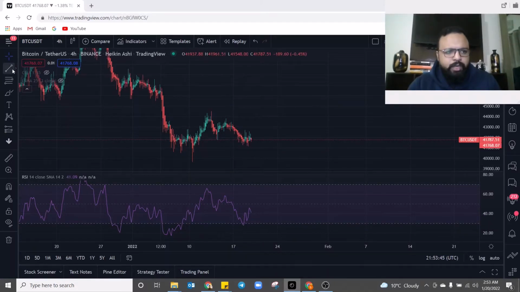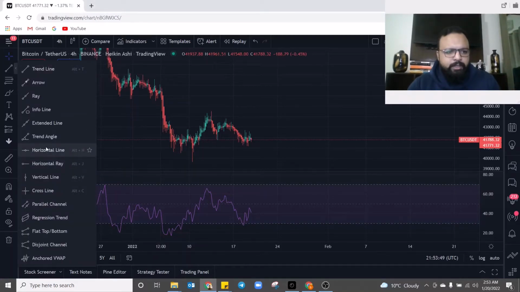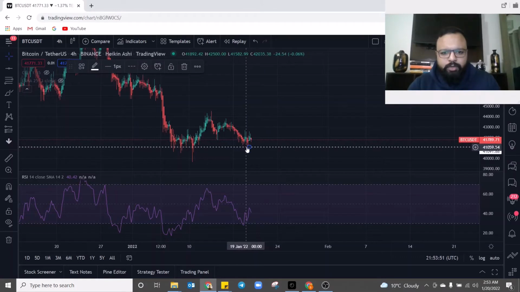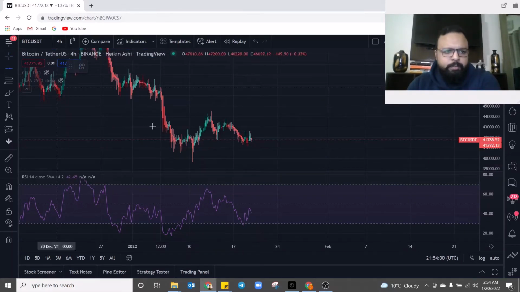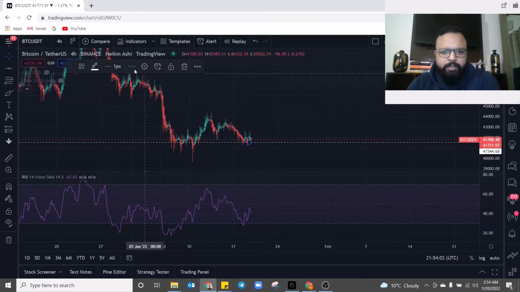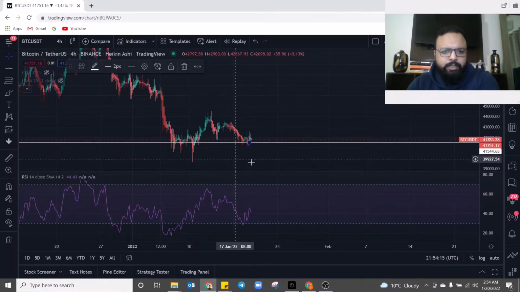We'll come to this option and select horizontal line, and we'll draw a line right at the top where it cuts, which is somewhere about right here. I'm just going to make it a whole line. I'll change the line type to this and I'll just increase its width.